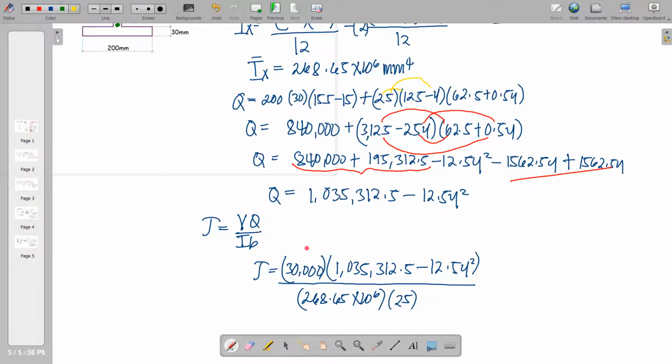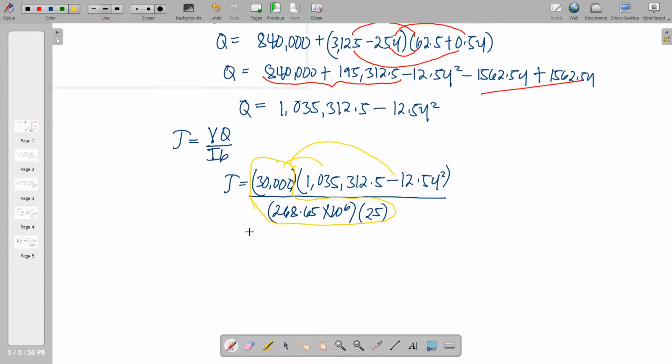So what we can do here is to combine all of this constant and then distribute it to the first and second term so that we can arrive at our tau.